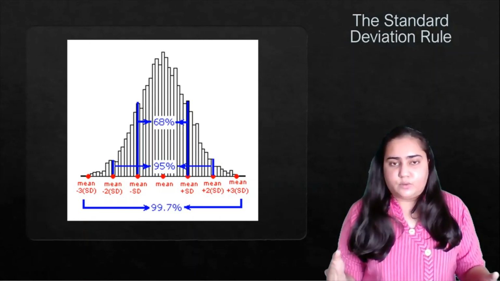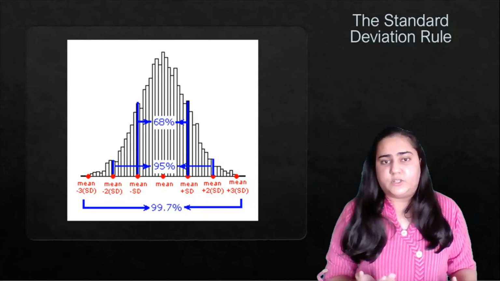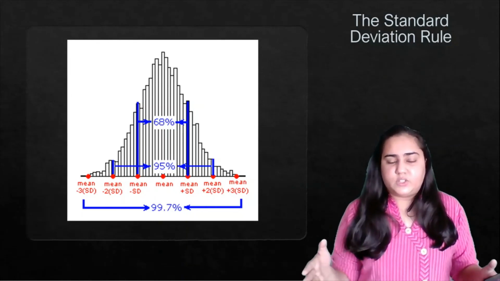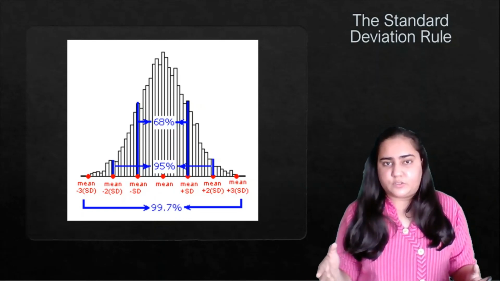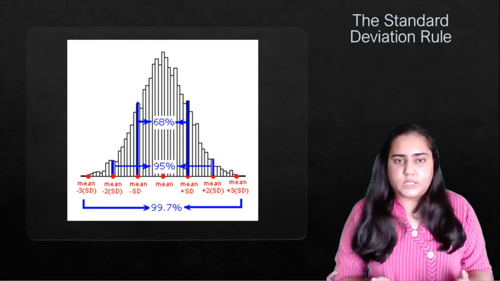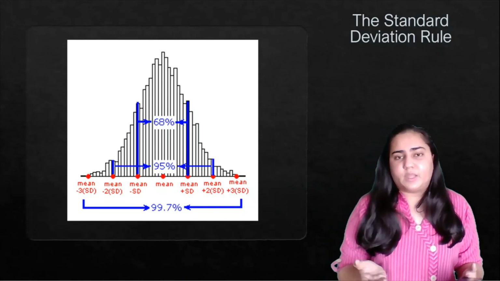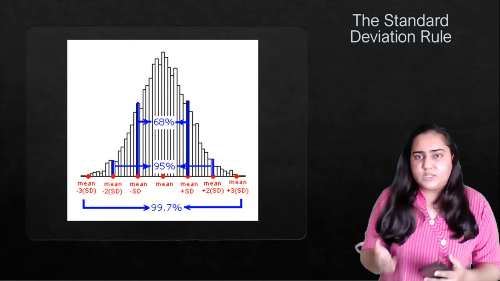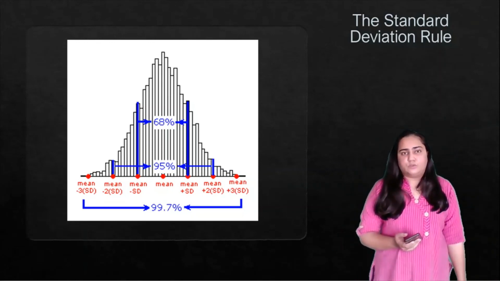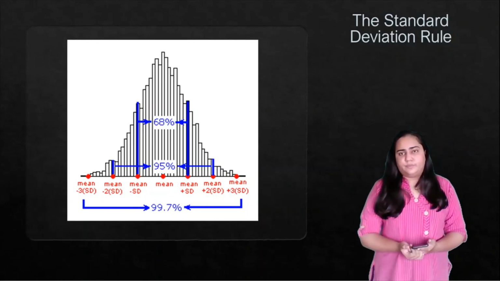We can widen this range by adding and subtracting twice the standard deviation from the mean, and the range that we get is 95% of your data. Finally, what you see at the bottom is the 99.7% of data, which is found by adding and subtracting 3 times the standard deviation from the mean. So that is what the standard deviation rule is, and that is how it is applied on a normal distribution.